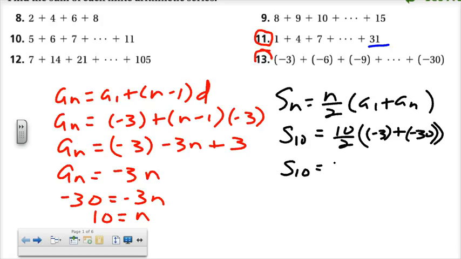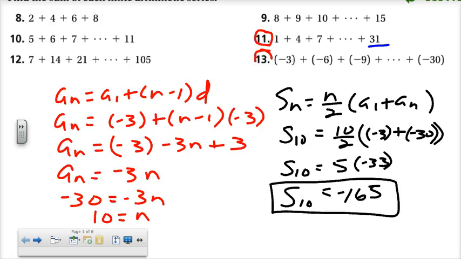So this will be 5 times negative 3 plus negative 30, which is negative 33, and you could just grab a calculator to crank that out, and that's going to be negative 165. Or do it by hand, multiplying by 5 is not a big deal. Either way, we figure out which term it is, and then we can find the sum from there.